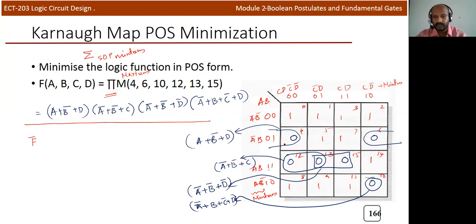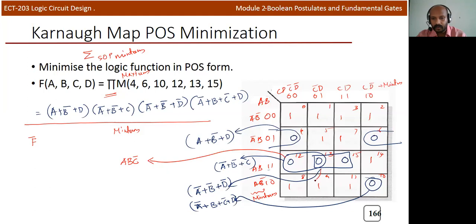So if you write the min term for this particular group, for the first group, the product term here, the common term in the row is A B, and column wise the common term is C bar. So this is one term.